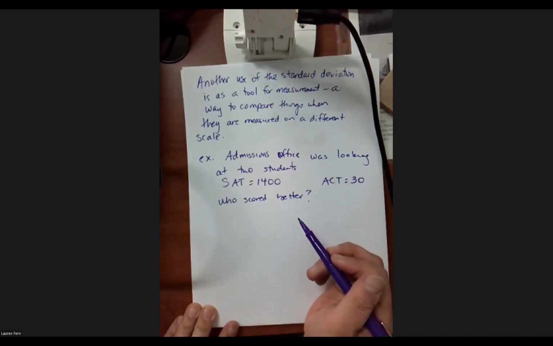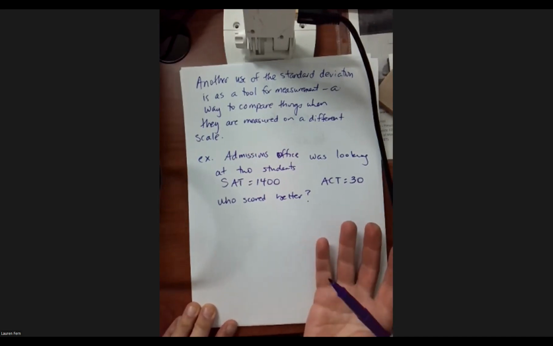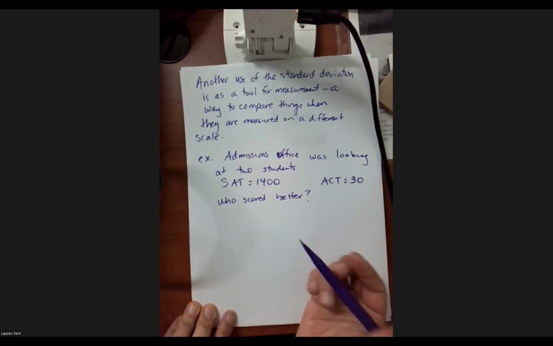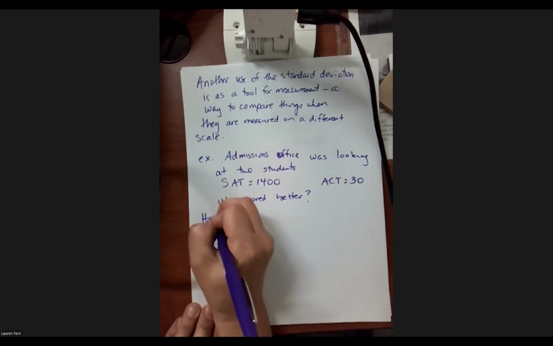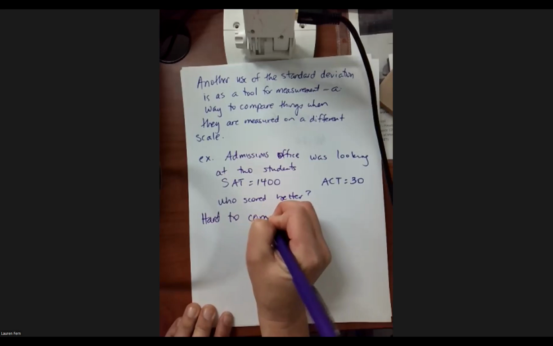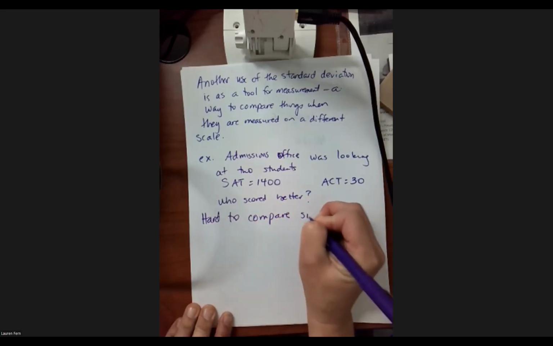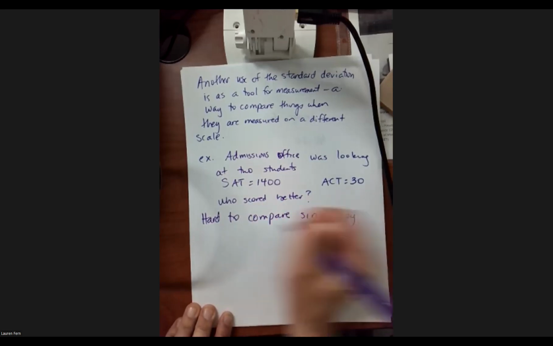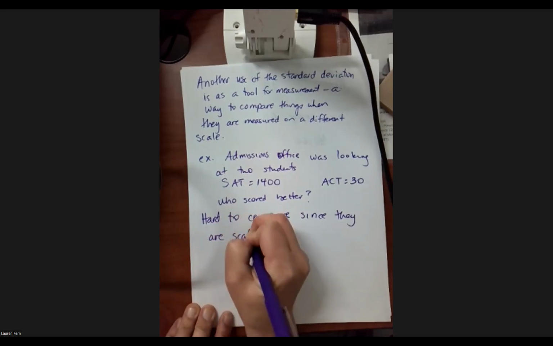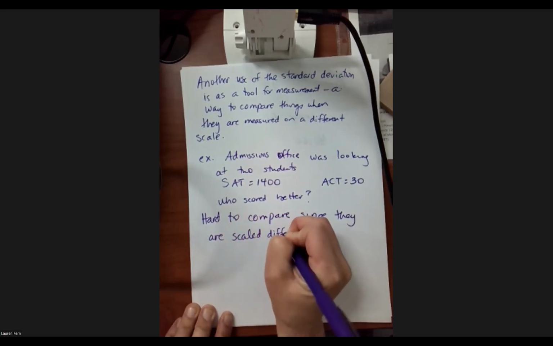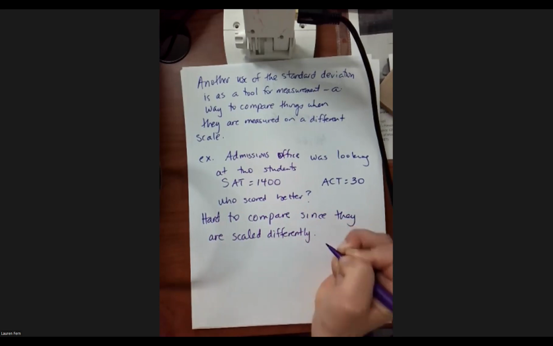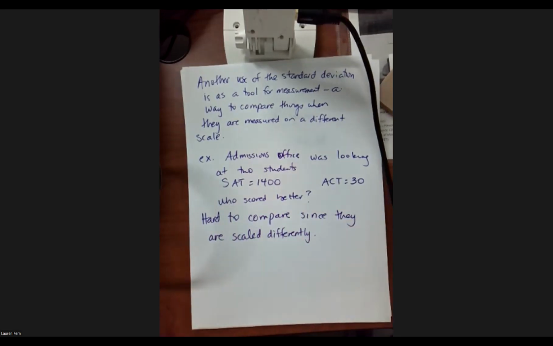It's hard to compare since they are scaled differently, right? But these things are done all of the time. So how do we start making a way to compare things that are measured on different scales?